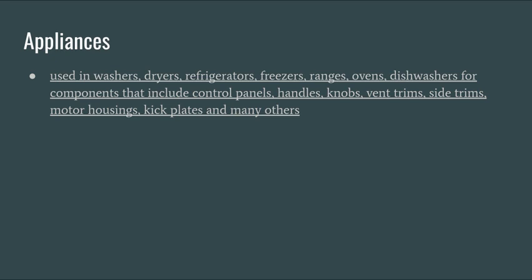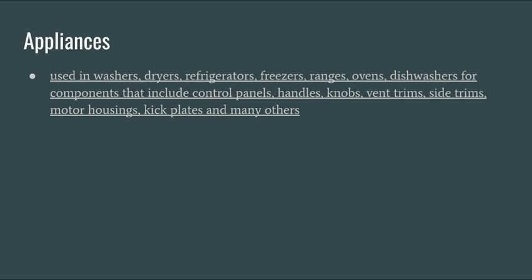So the first broad industry that uses them is the appliance industry. And you don't have to write every example down that I'm going to say because there are a lot, but I would just write down a key part to each of these things.